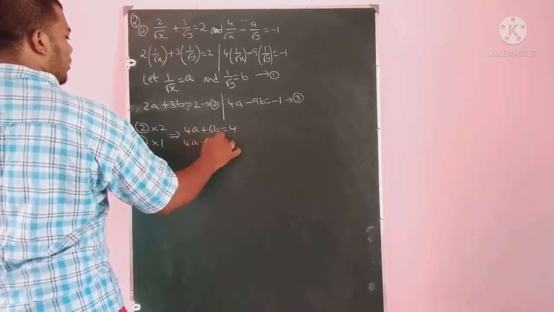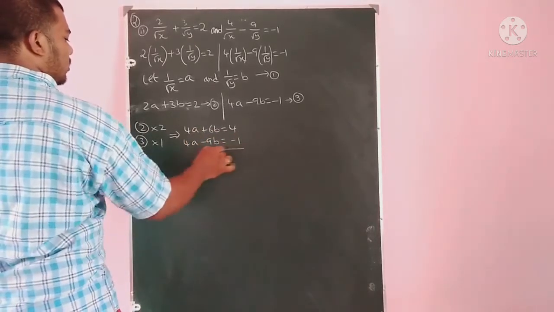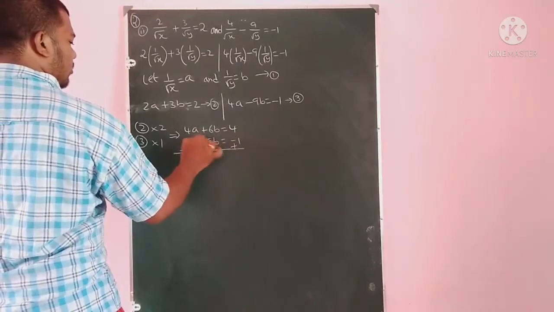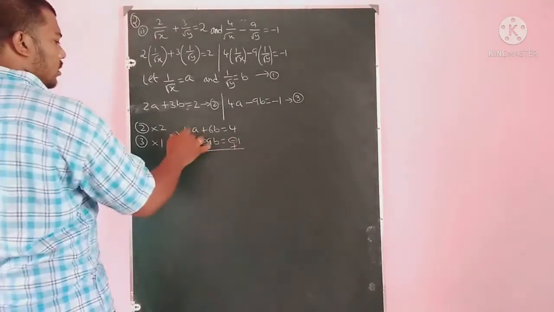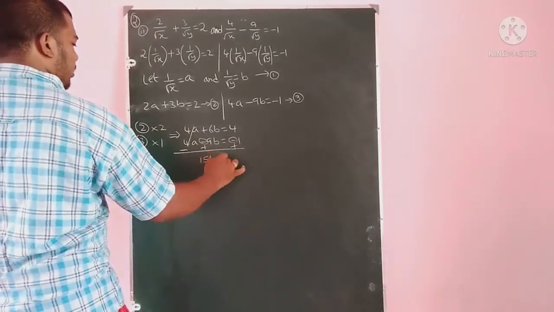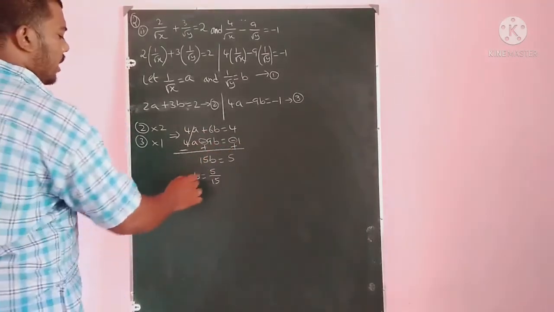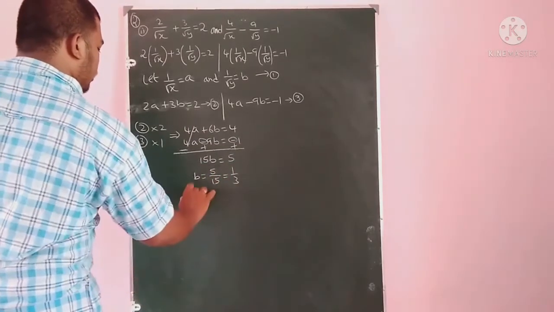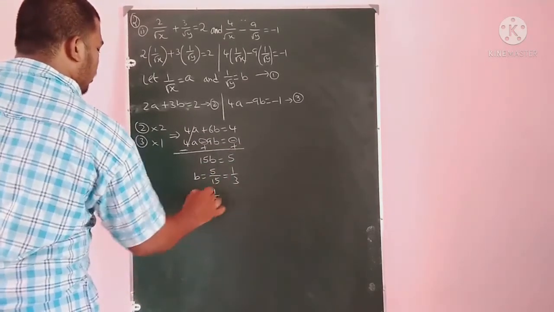And 4a minus 9b equals minus 1. Minus, this will be plus, this will be plus. So these symbols should not be considered. This eliminates. 9 plus 6 is 15b, and this is 5. b is equal to 5 by 15, that equals 1 by 3. So b is equal to 1 by 3.